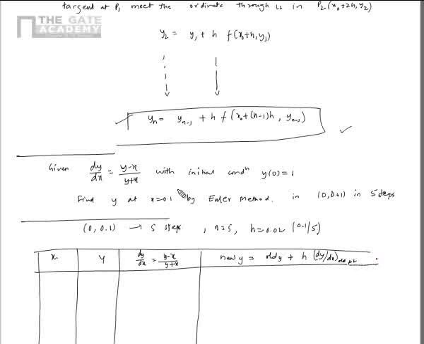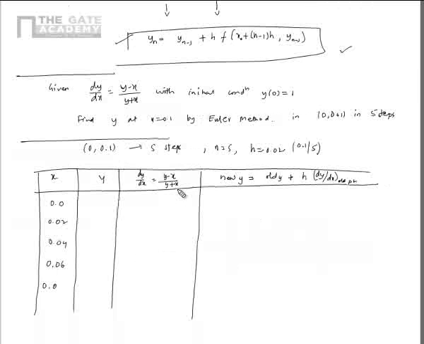That is the idea. Now x varies from 0.0, 0.02, 0.04, 0.06, 0.08 and 0.1.